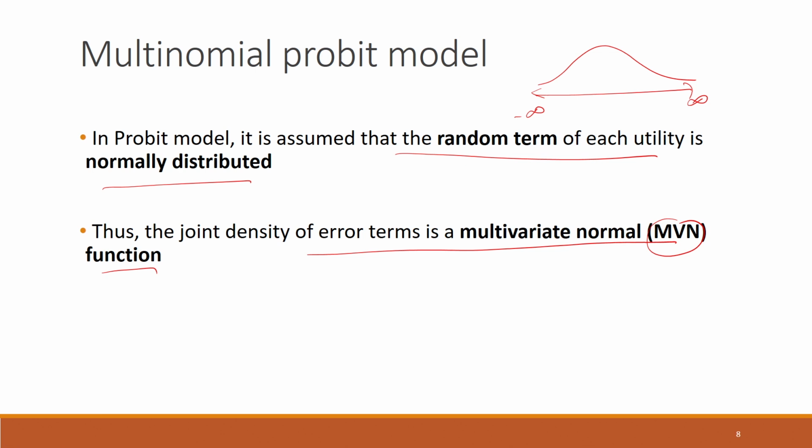Now, here since there can be multiple alternatives that are present and there will be an error term associated with each alternative, we are here focusing on a multivariate normal distribution function, okay, which will be giving the joint density of all of these error terms in different alternatives, okay. So, for example, if it is the case of two alternatives, we will be having two error terms.